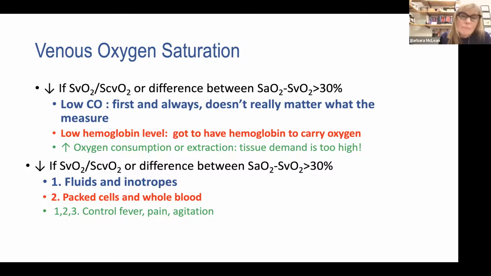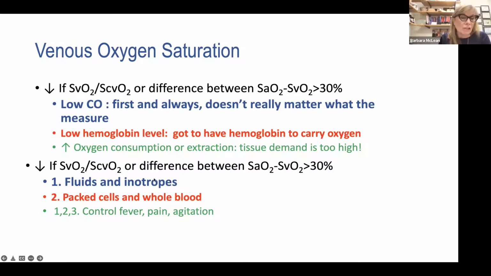So by the way, it's great to memorize a normal value so you can pass a pen and paper test or a computer test. But on caring for the patient, if the SvO2 or ScvO2 is down, first, always, always, always, you need to increase the cardiac output. And you're going to do that with fluid and inotrope.